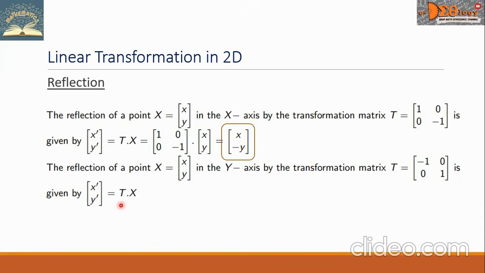This is equal to T times X. We substitute the corresponding matrices, and the new column matrix is equal to negative x, positive y, respectively.